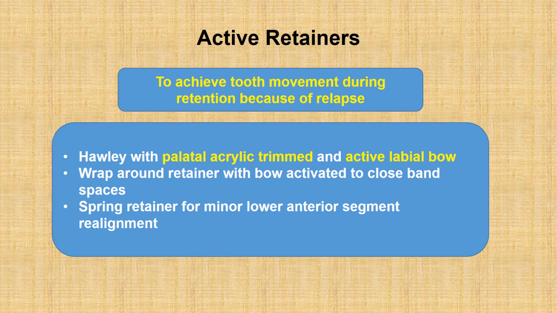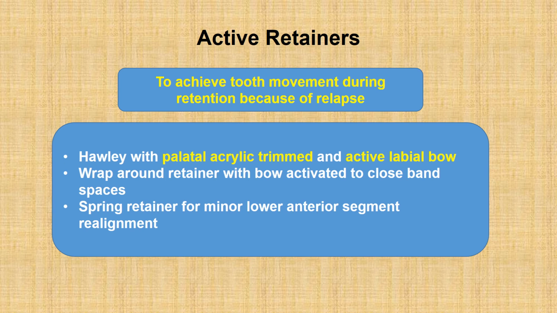Now, active retainers. Active retainers are retainers which are not truly active but allow some tooth movement to happen during the retention. Now, this is done because there might be a slight relapse in the retention period. Okay, for example, a Hawley can be used as an active retainer if the palatal acrylic is trimmed and the labial bow is activated to reduce an overjet.